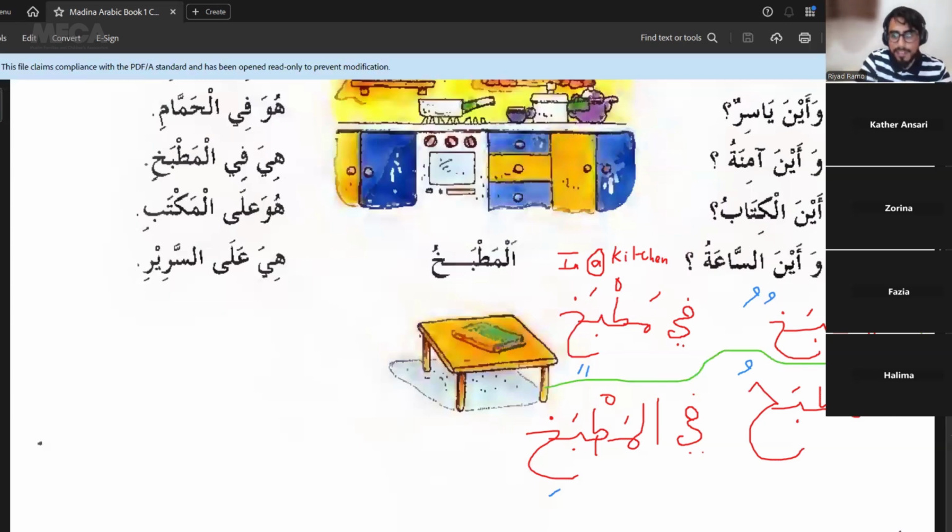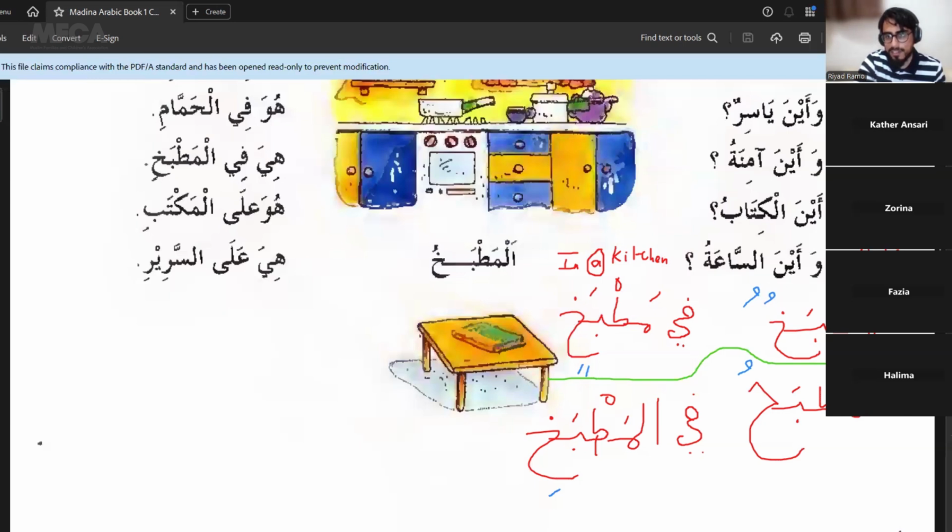Okay, this top section is talking about a sentence that has the word "a kitchen" in it. Matbakhun, a kitchen. There's no alif lam in it.